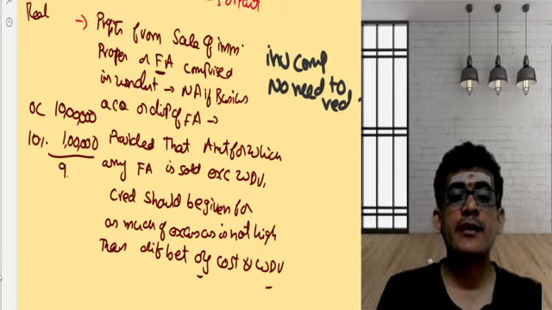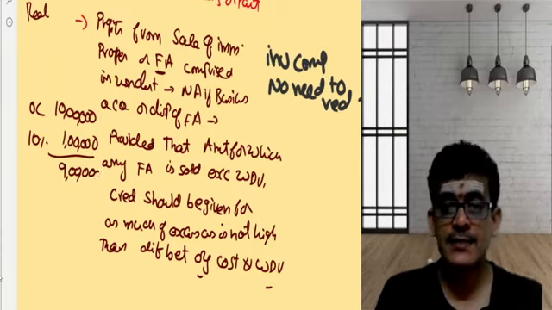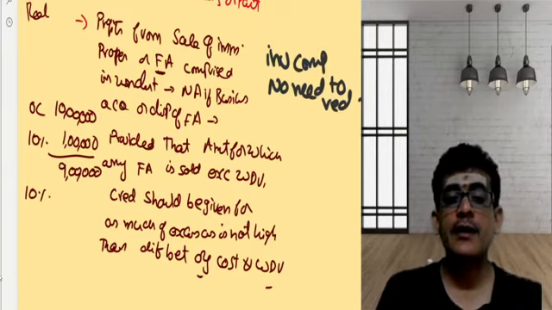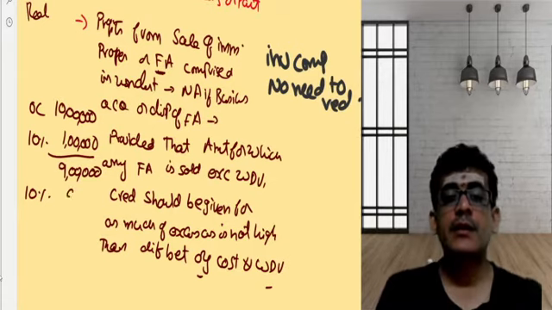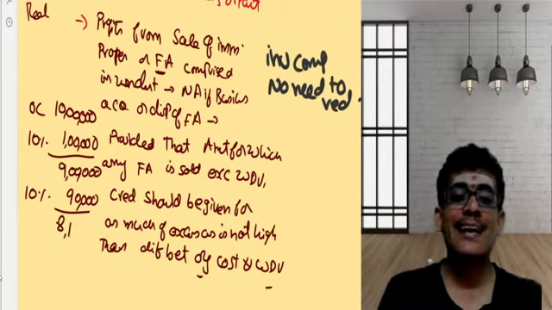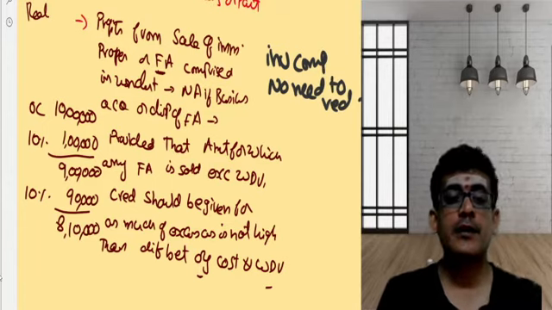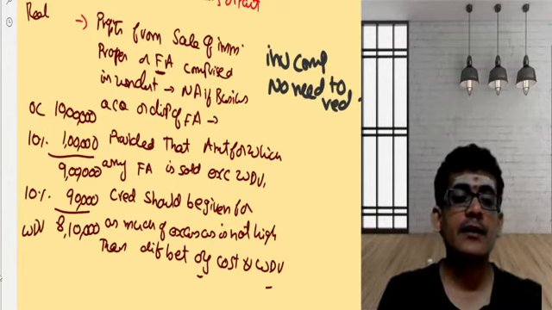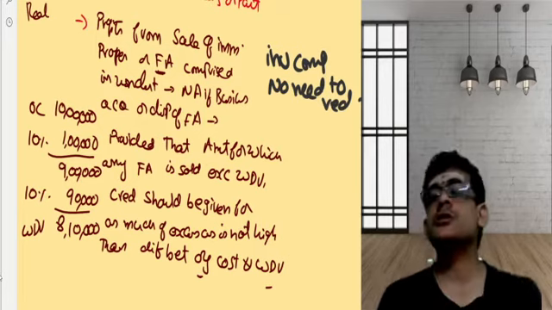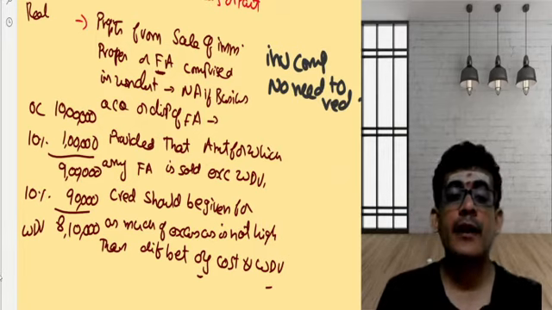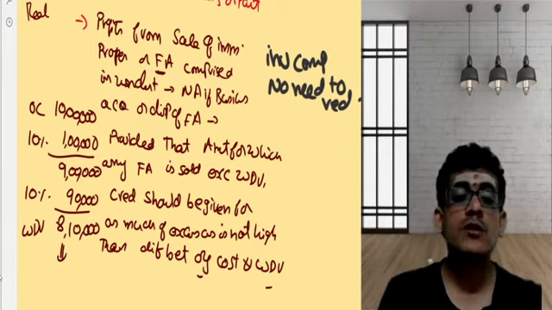The WDV at the end of year 1 is 9 lakhs. Second year also you have taken a depreciation of 10%. The WDV at the end of the second year is 8,10,000. Imagine at the end of the second year, the asset was sold.